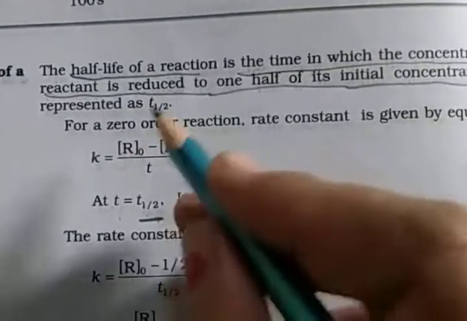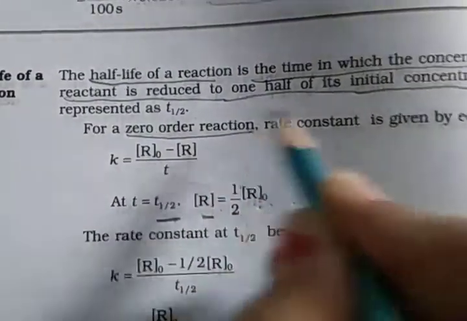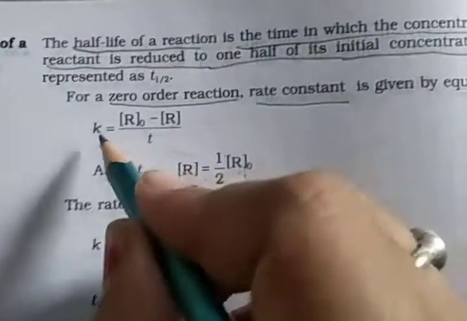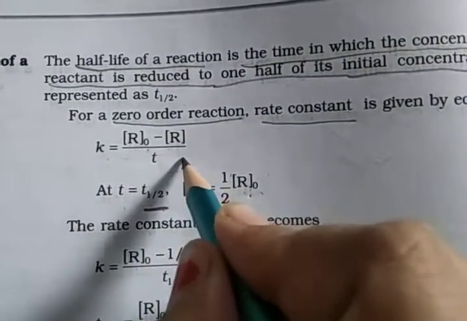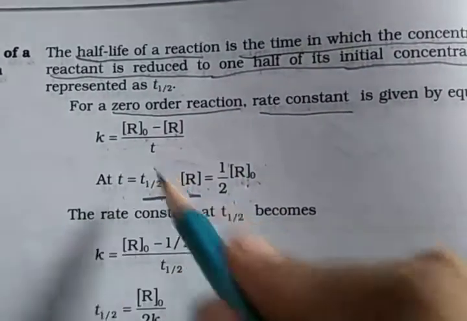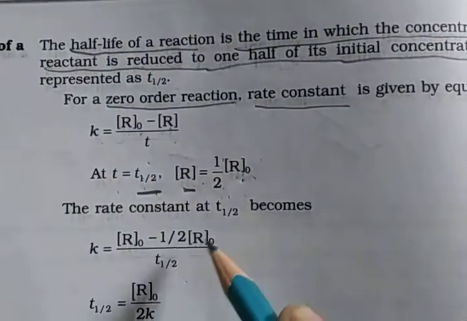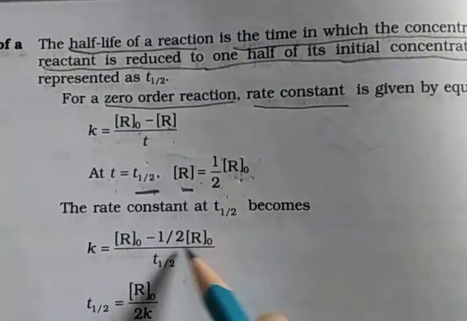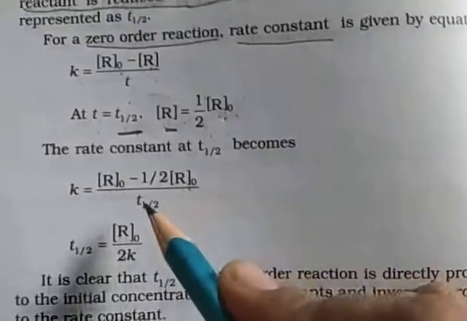Now the formula for a zero order reaction. The rate constant K is equal to R naught minus R divided by T. Here the R value is half R naught and the time is T half.